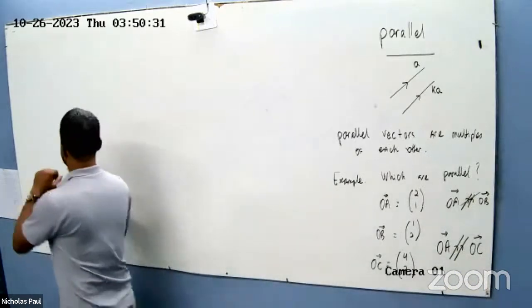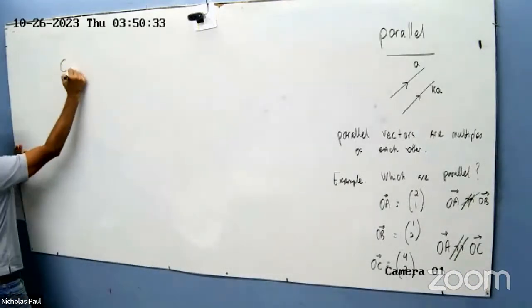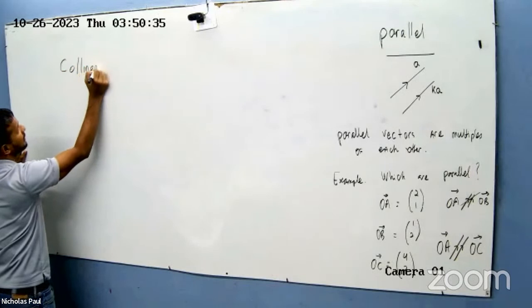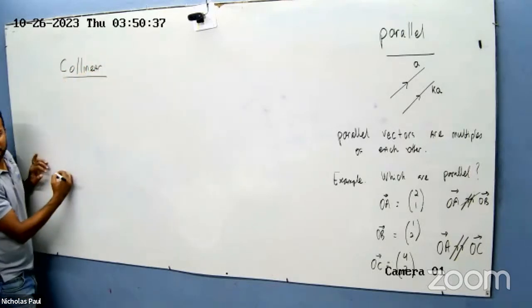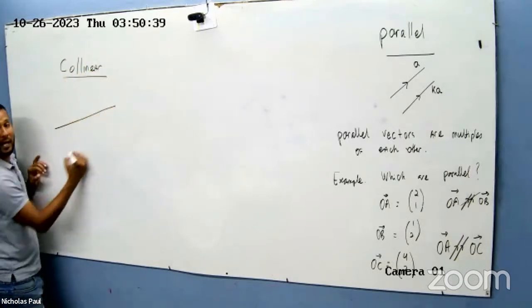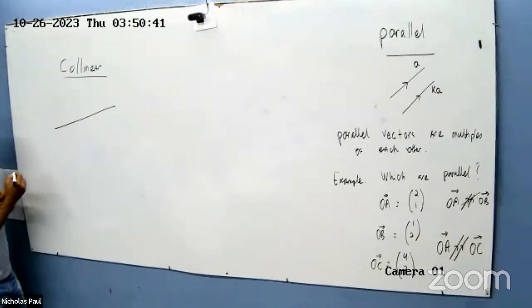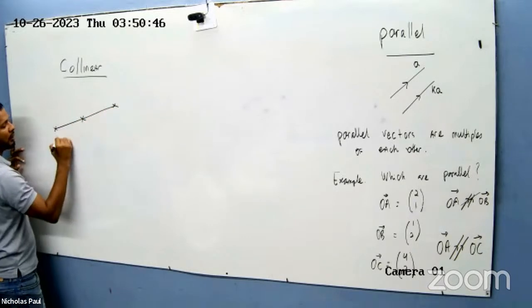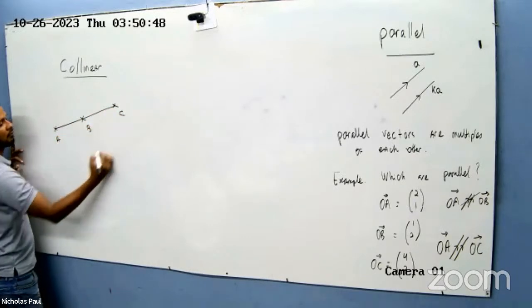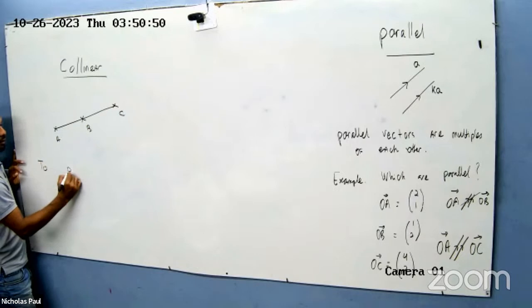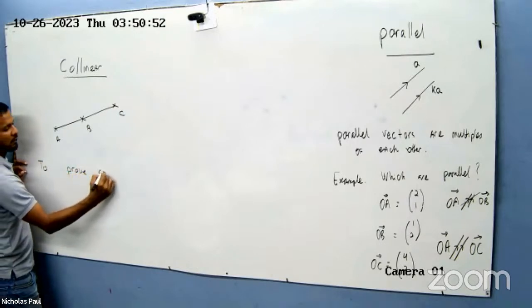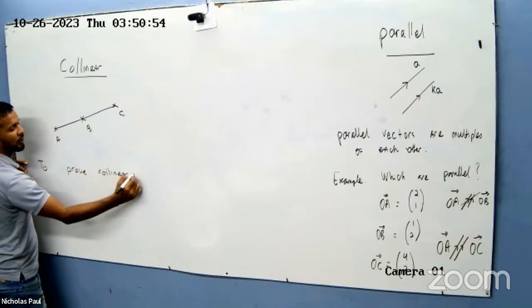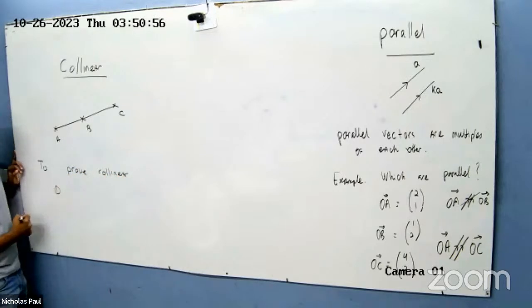The hardest type to do is collinear. Right? What does collinear mean? Collinear means they're on a straight line. So if I say, Ishana, prove that A, B, and C are collinear. How do we prove collinear?